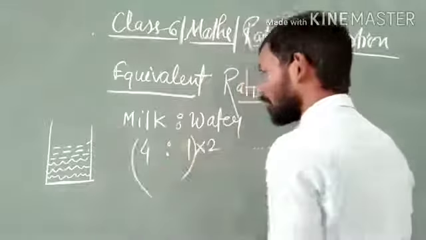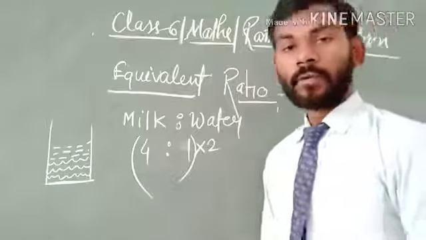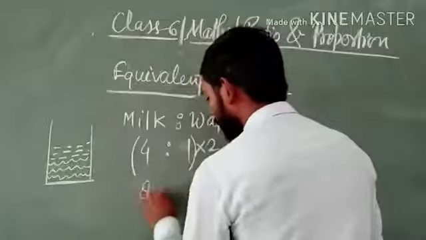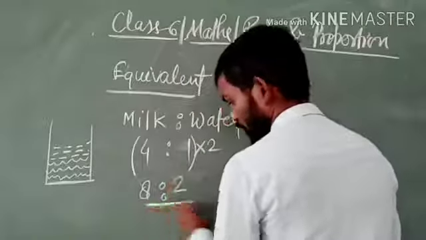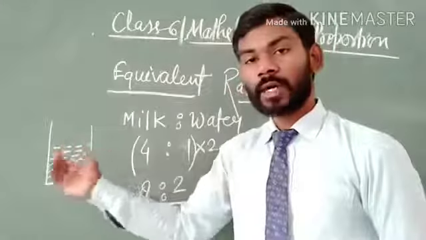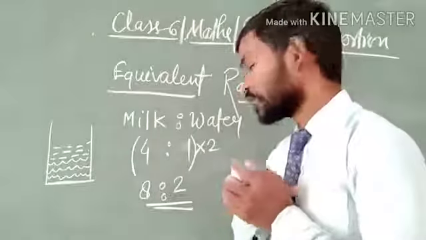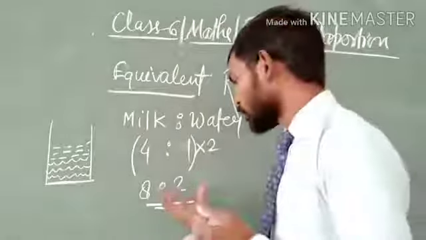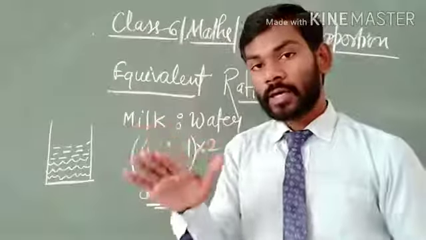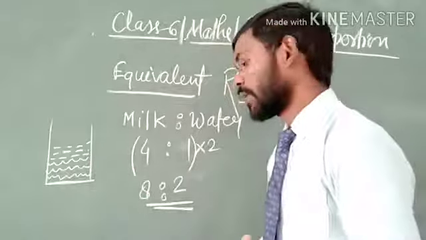So therefore, we shall multiply both terms of the ratio by the same number, and in the end we shall get 8 ratio 2. After adding milk and water in extra amount, we get the ratio 8 ratio 2, which shows that the ratio of water and milk remains constant.